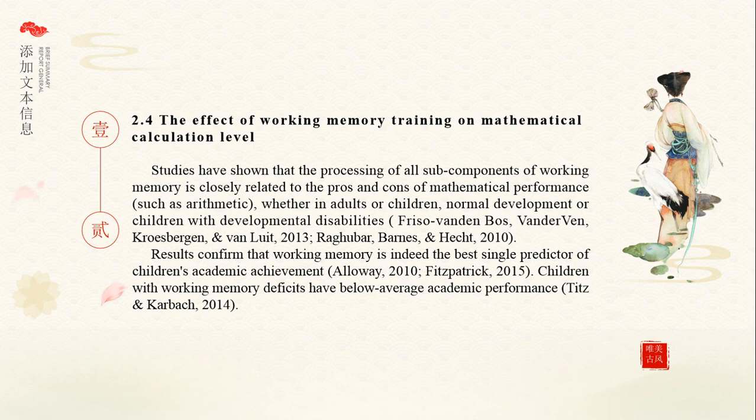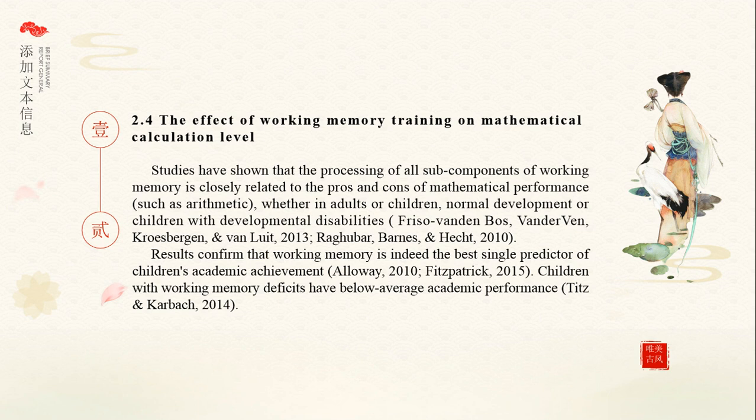And then the working memory training also affects the mathematical conclusion level. Studies have shown that the processing of all subcomponents of working memory is closely related to the pros and cons of mathematical performance, whether in adults or children, normal development, or children with developmental disabilities.